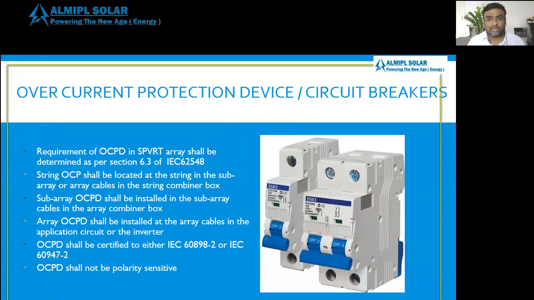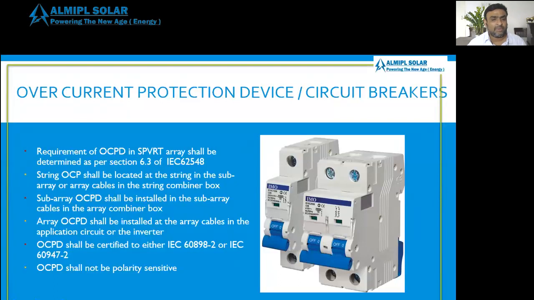Overcurrent protection device is required for overcurrent protection. The OCPD in an SPV array shall be determined as per section 6.3 of IEC 62548. String OCPD shall be located at the string cable in the subarray or array combiner box.